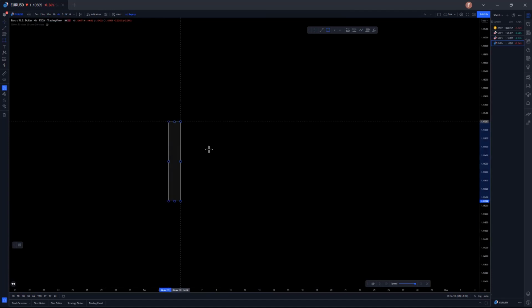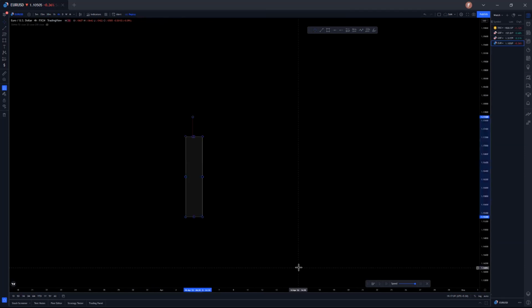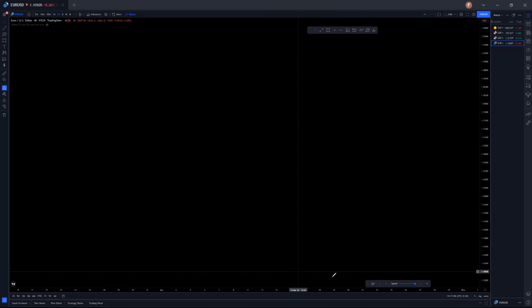Suppose this is your weekly candle. Let me use these zoom annotations. So suppose this is your weekly.